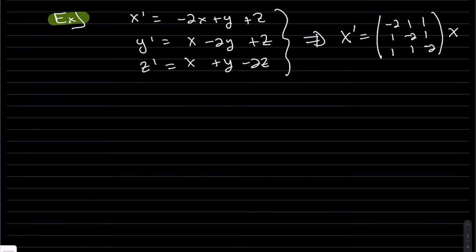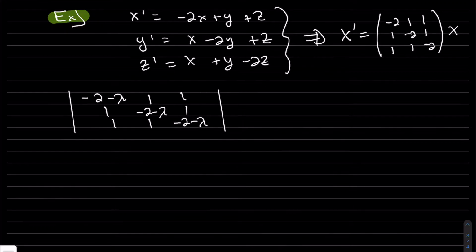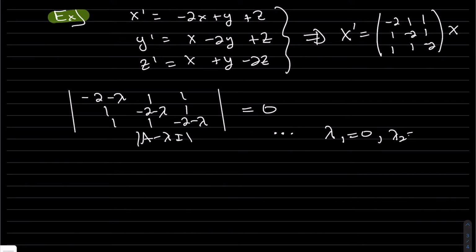And so now let's find our eigenvalues. This is the determinant of A minus lambda I equals 0. I'm going to skip showing all the steps here, but we get lambda 1 equals 0, lambda 2 equals minus 3 with a multiplicity of 2.